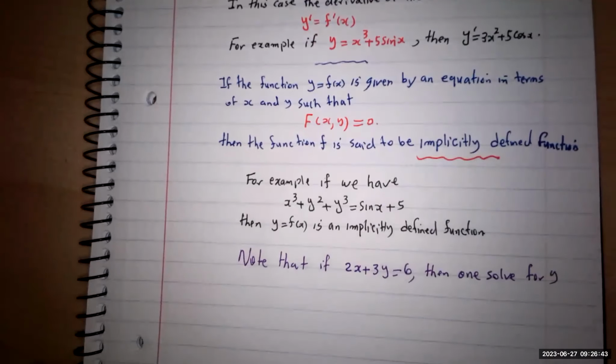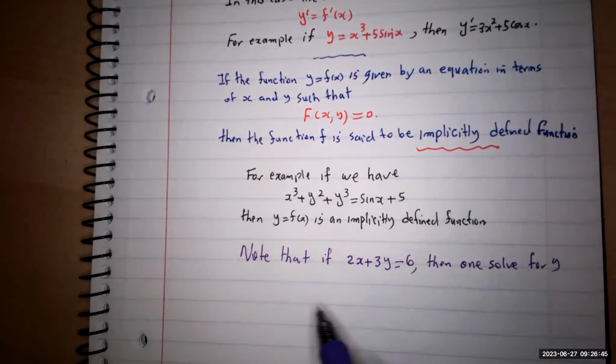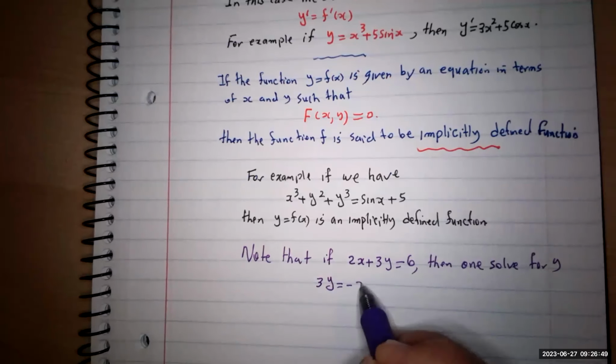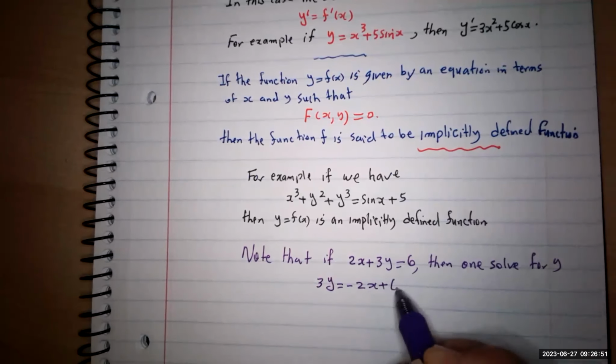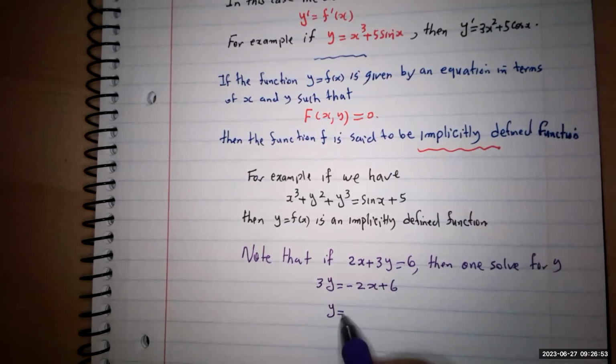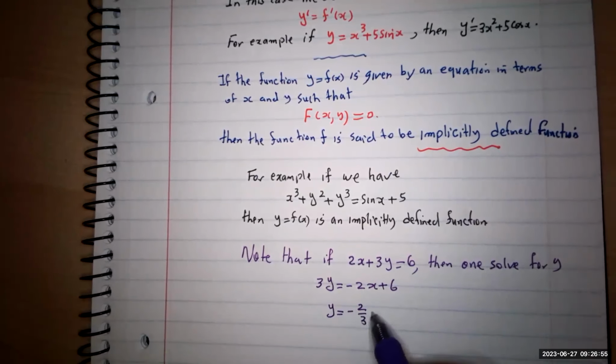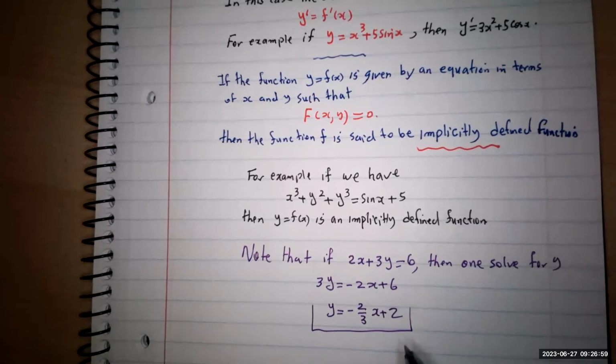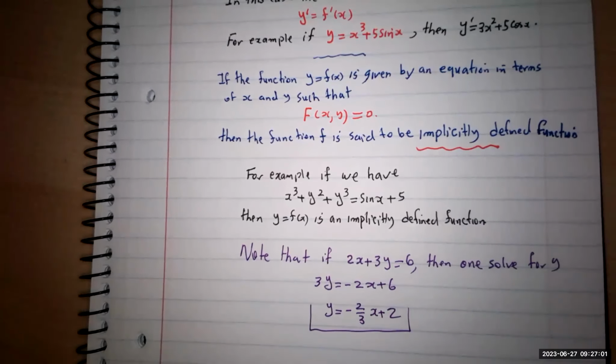This is the way you do it in algebra. So it's easy to solve. This is going to be 3y equal to negative 2x plus 6, and then you divide. That gives me negative 2/3 x plus 2. You see, you can solve it to get the y.